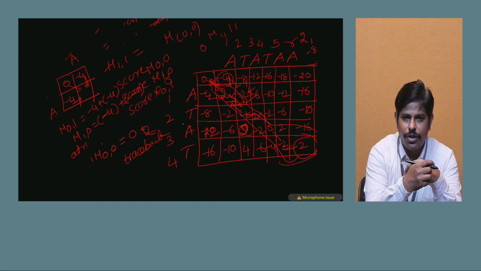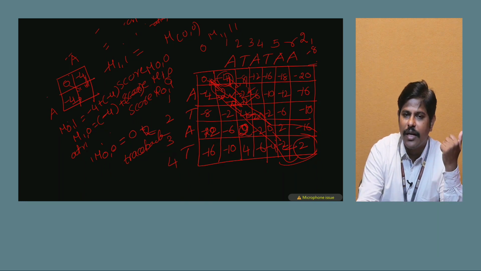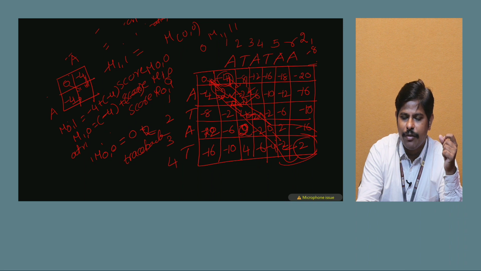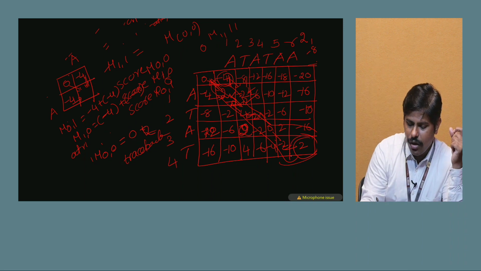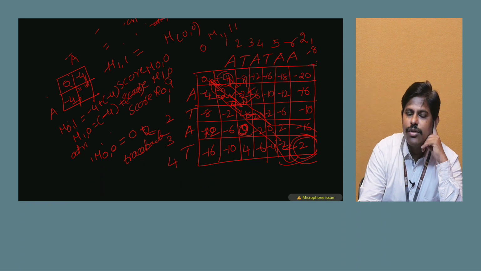So the Needleman-Wunsch algorithm has 3 steps: matrix initialization, matrix filling, and trace back. Matrix filling is a little time-consuming, but the value you get at the bottom right is called the score of the alignment. Plus 2 is the optimal alignment score here.